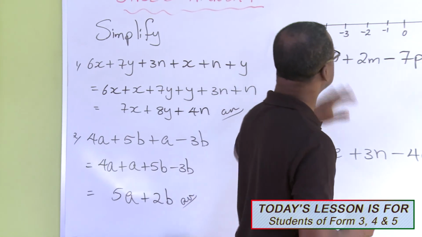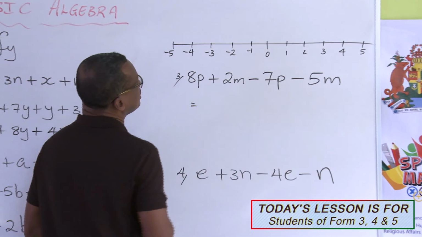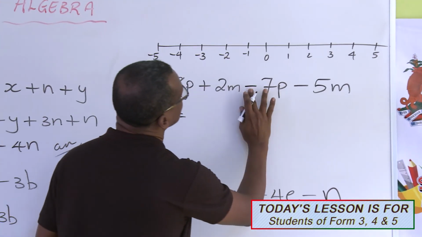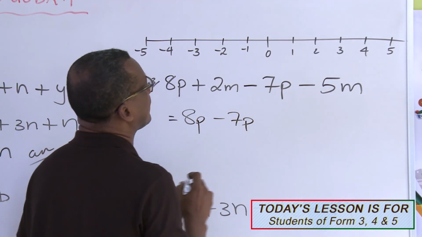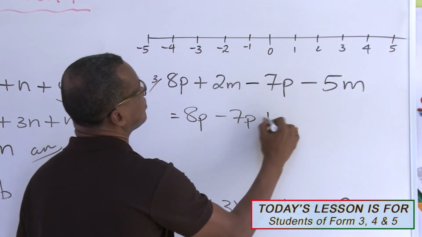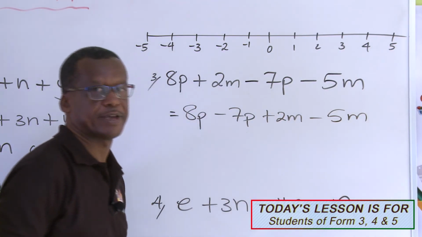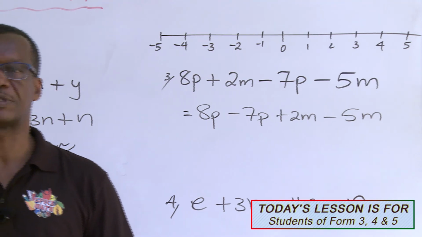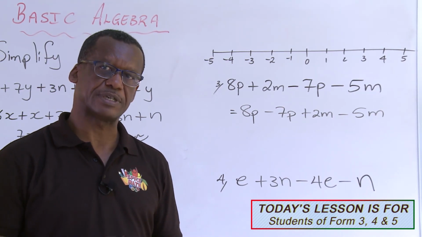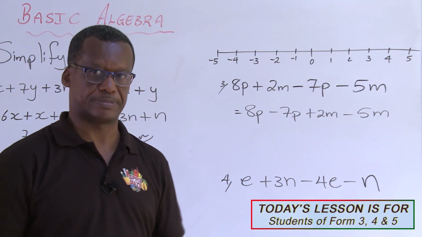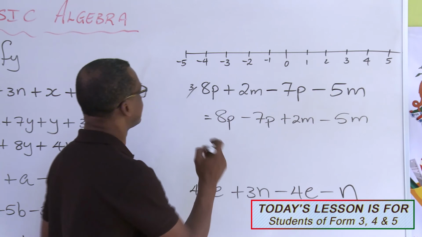Let's go to the third one. Again, we identify the like terms: 8p minus 7p, and 2m minus 5m. So we group in the like terms, keeping the sign that comes immediately before the term, that is on the left side of the term.